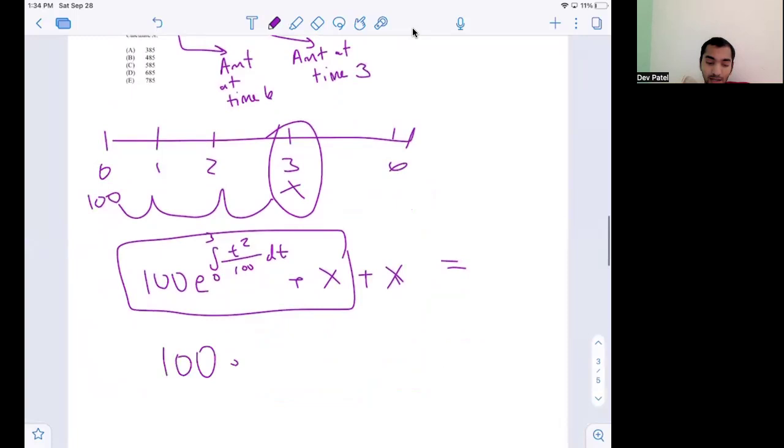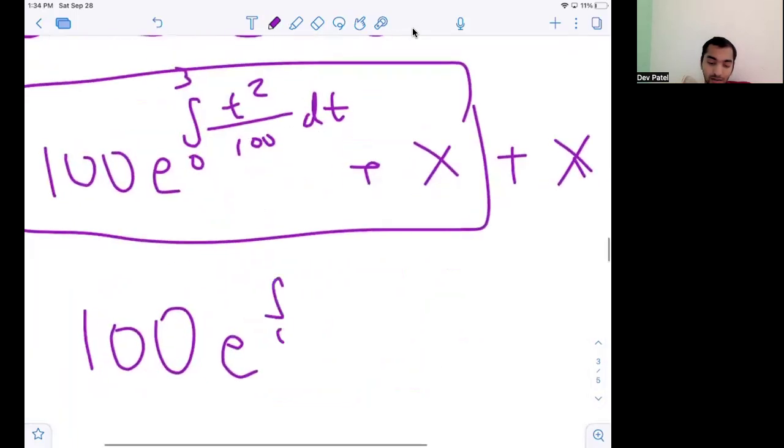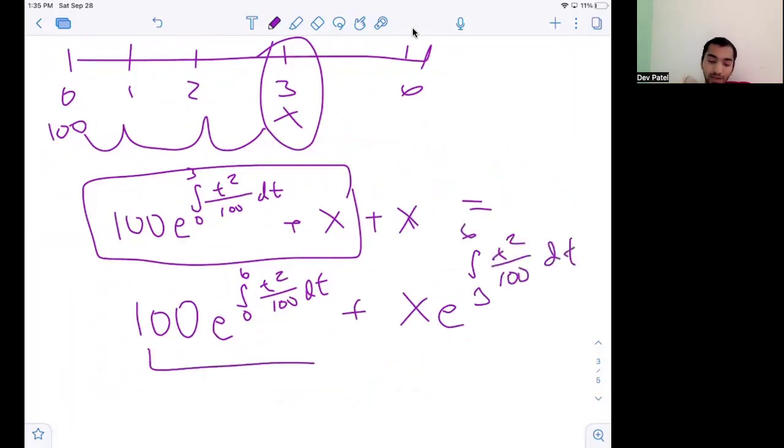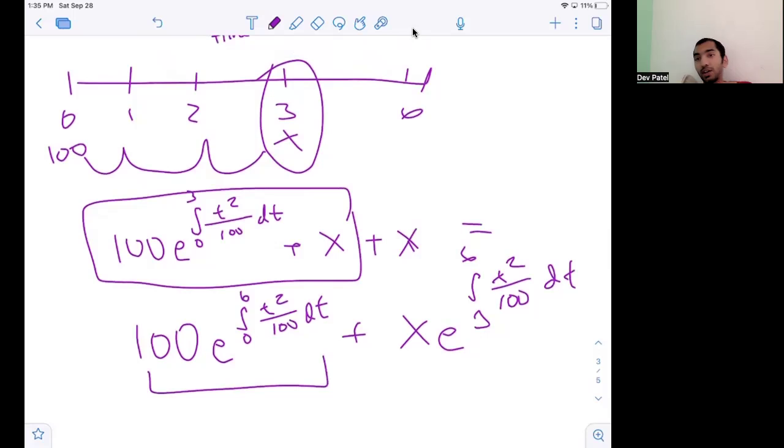That's 100 e to the integral from 0 to 6 of t squared over 100 dt, plus our x, which is accumulated from 3 to 6 of t squared over 100 dt. To reiterate, this 100 is from time step 0, and we're accumulating it by the force of interest to get the value at time step 6. This x, we made the deposit at time step 3, so we're accumulating it 3 years to get the value at time step 6.